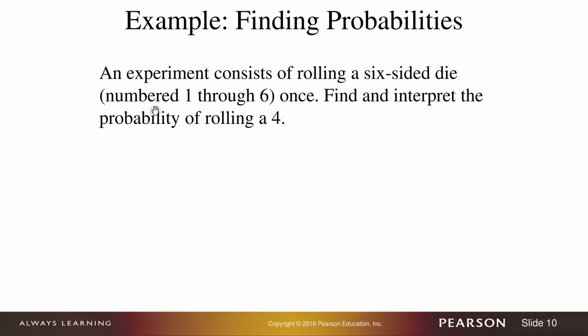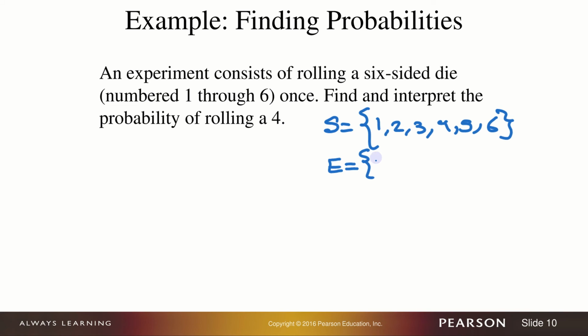All right, so if you recall, the sample space here is the set containing the results 1, 2, 3, 4, 5, and 6, right? The particular event we're interested in here is a simple event, and it basically would like the result to be 4.